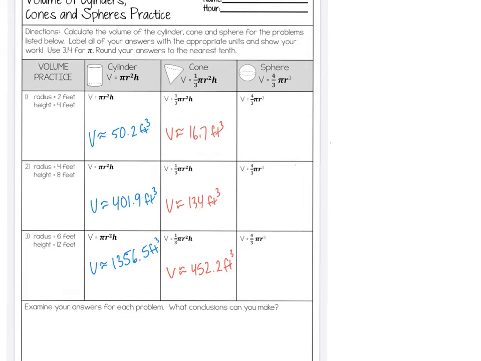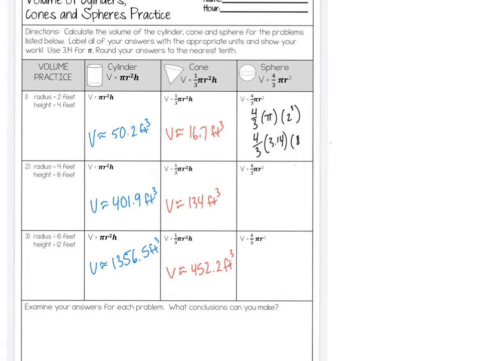So with this, they gave us our radius of 2. We have 4/3, and we use 3.14 for pi, and our radius here was 2.